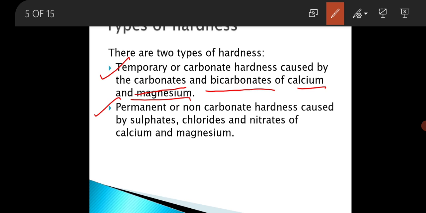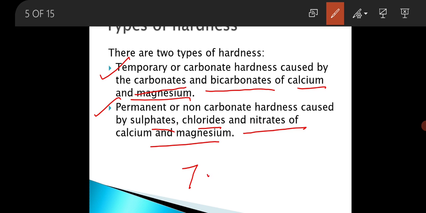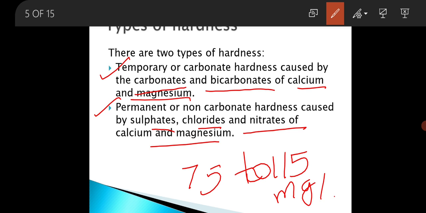And the second one is permanent hardness or non-carbonate hardness, which is caused by sulfates, chlorides and nitrates of calcium and magnesium. However, the permissible hardness for public supplies normally ranges between 75 to 115 milligram per liter.